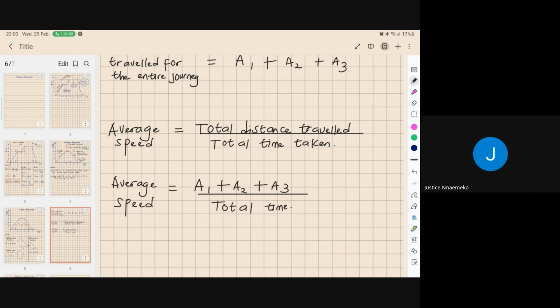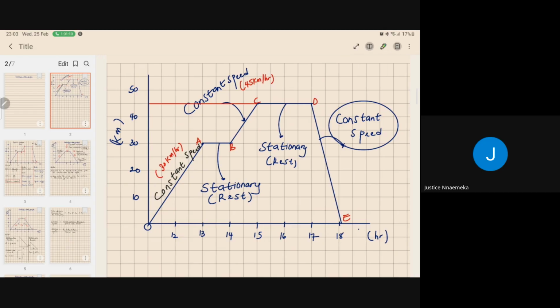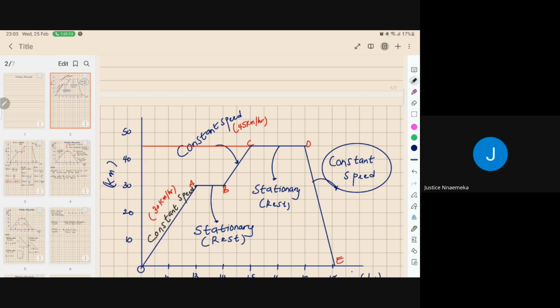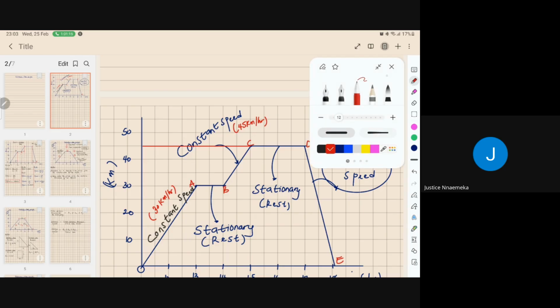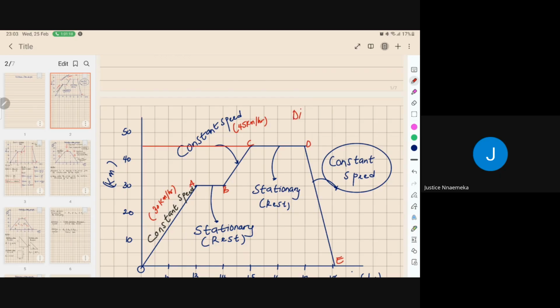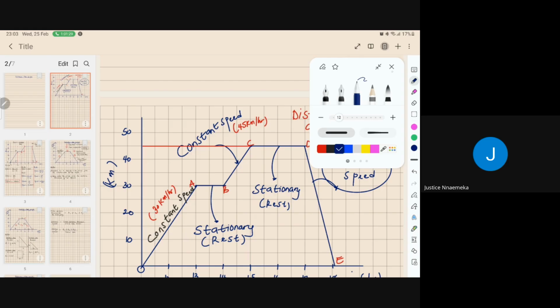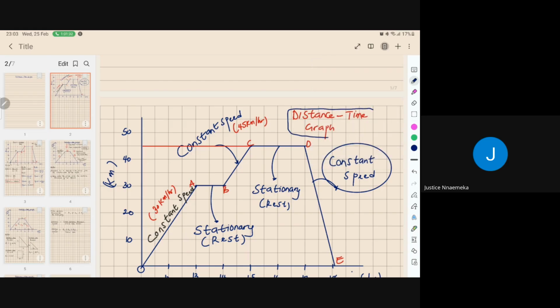So in summary, if I start from what I did earlier, remember this is your distance time graph. So let me put it down right here. This is your distance time graph. For a distance time graph, I've explained what happens and everything that we need to always remember at every point in time, when the object is stationary and when the object is moving.